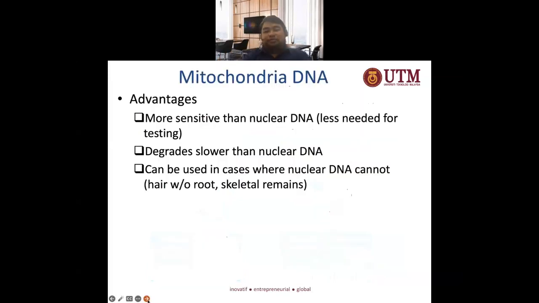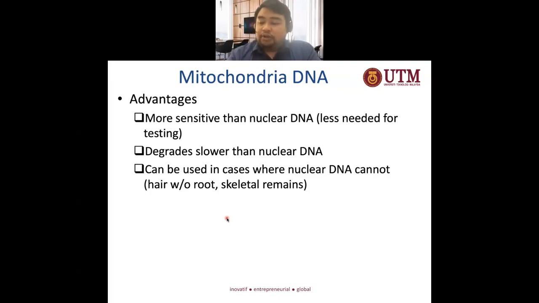So what are the advantages of mitochondrial DNA? It is much more sensitive compared to nuclear DNA, in that it does not need much mitochondrial DNA to be tested. A small amount can be used for DNA analysis. Mitochondrial DNA also degrades much more slowly than nuclear DNA.